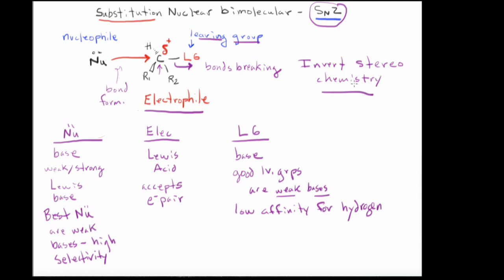So let's go to the actual mechanism now, and in that, I'm going to address this term bimolecular. If we look at this in more detail, we have our nucleophile and we have our electrophile here. Let me redraw it quickly. I want to change my coloration.